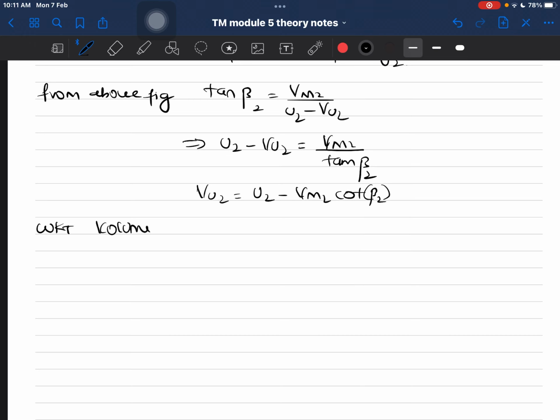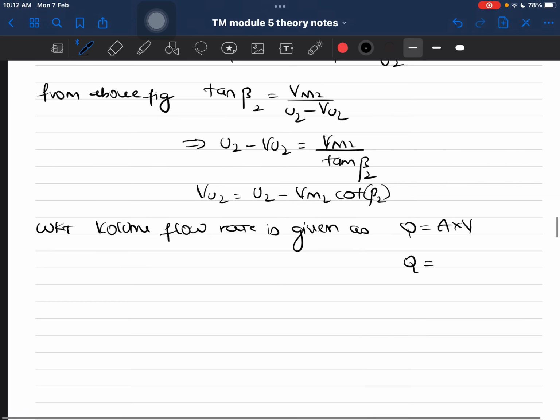Fine. Now, we all know that volume flow rate is given as Q is equal to A into V. Okay. Now, in this particular aspect, Q is equal to A2 into Vm2. Now, from this, Vm2 is what?